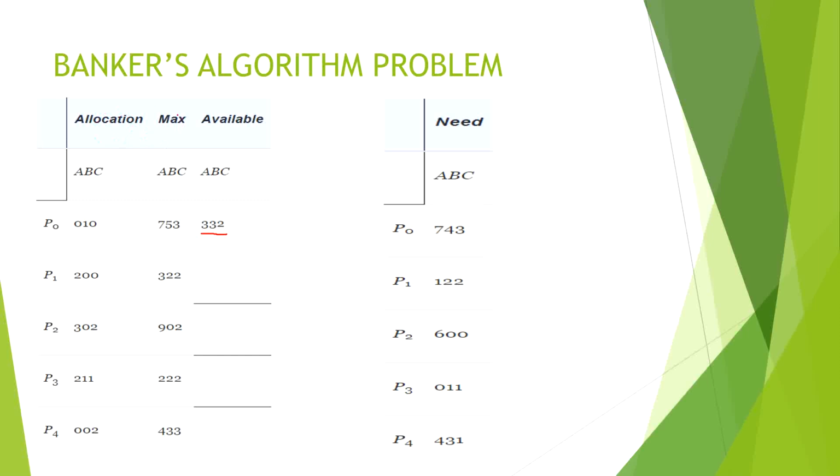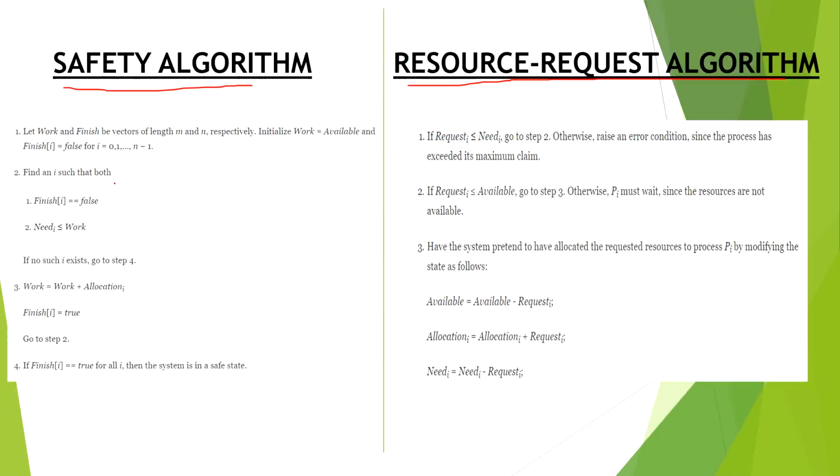Max is the maximum amount of resources which a process needs in its lifetime, and allocation is what a process currently already has. If the process currently has 0 1 0, then it will be stored in allocation.